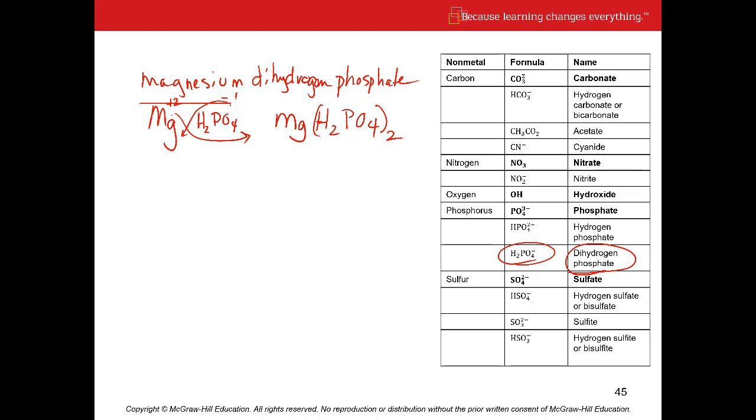If I want sodium hydroxide, I'm going to have sodium, which is a +1, and hydroxide, which is a -1. And so that's the formula, NaOH. I don't have to put them in parentheses unless there's more than one of them.